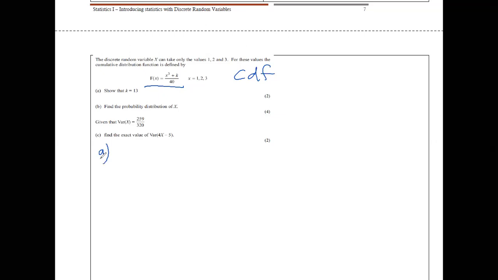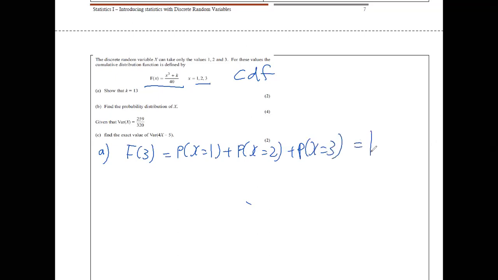Okay, so x today is either 1, 2, or 3. So actually, can you see that F(3), as I said, cumulative distribution function is the sum up to that value. So this is actually P(x=1) plus P(x=2) plus P(x=3). This gives you 1.